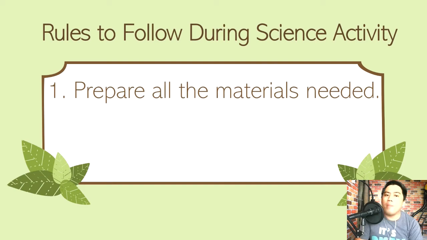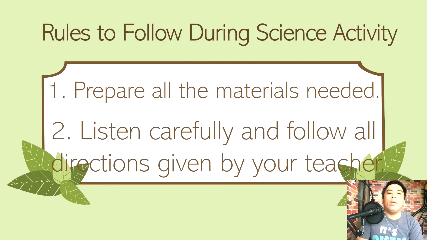Number 1, prepare all the materials needed. Number 2, listen carefully and follow all the directions given by your teacher. If your teacher tells you to prepare the materials, prepare them, and of course we need to listen and follow everything our teacher says.